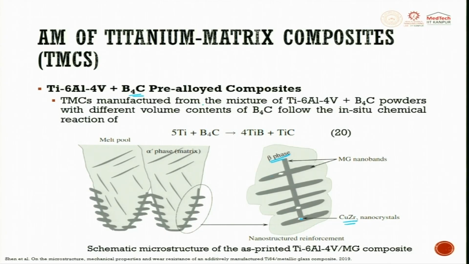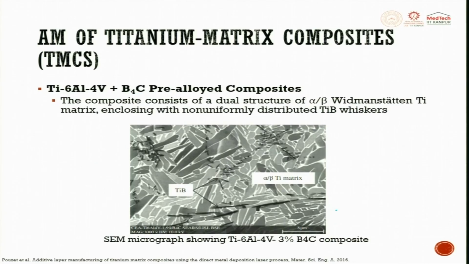TMC manufactured from the mixture of Ti6Al4V plus B4C powder with different volume content of B4C follows the in situ chemical reaction of this. So, this is for B4C pre-alloyed composite, you can see TiB and alpha beta Ti matrix.